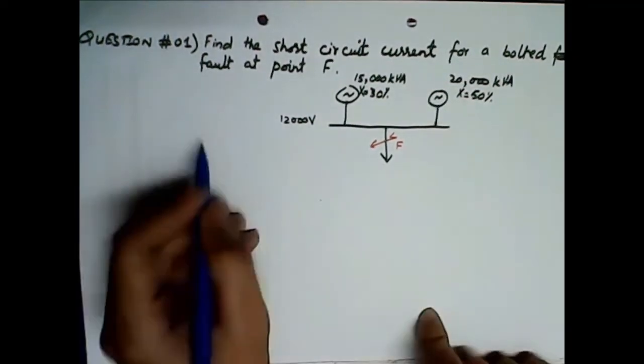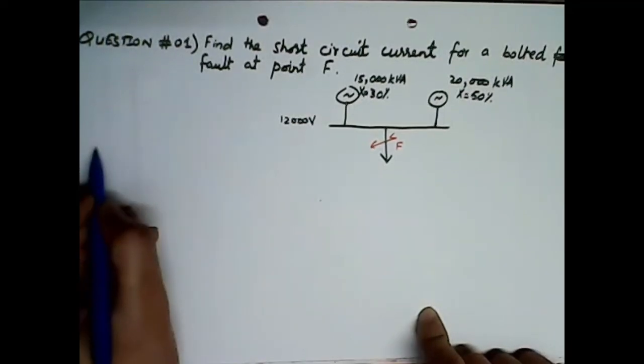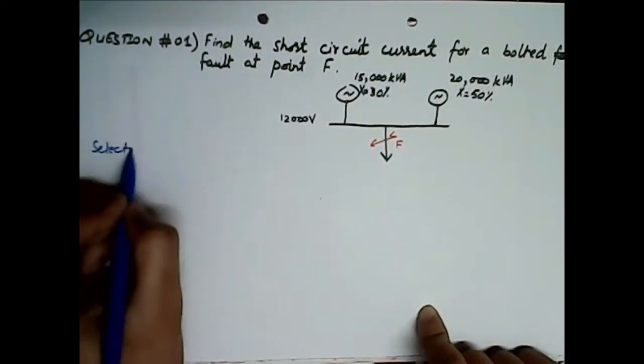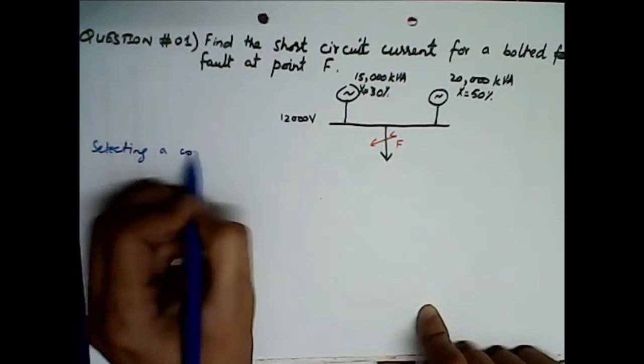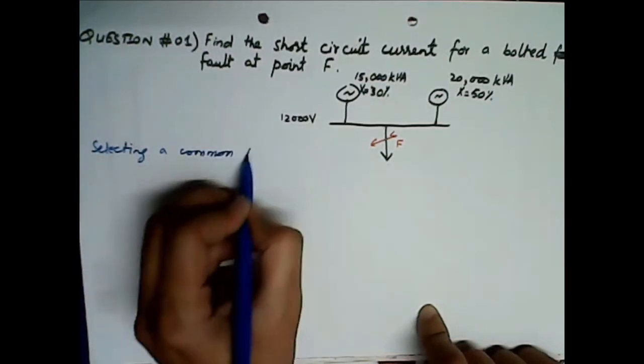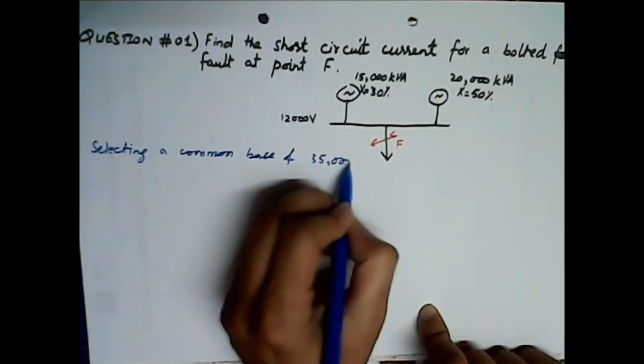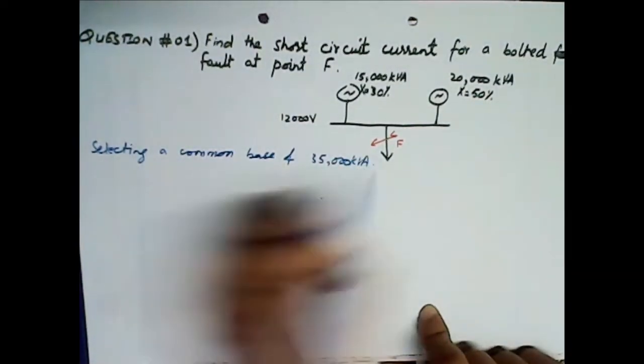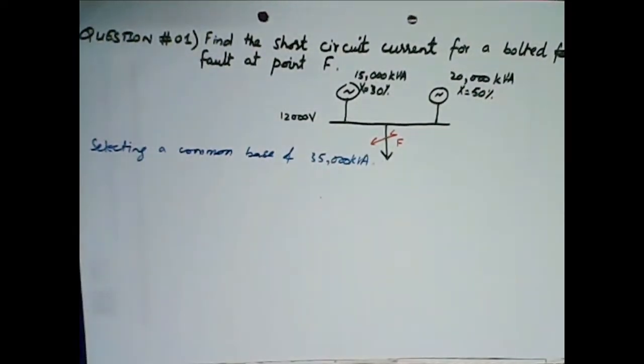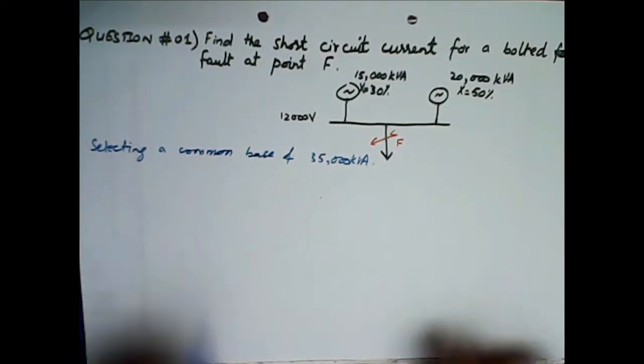So let's say I am selecting a common base of 35,000 kVA. This is up to you. You can select any common base. There is no restriction in this, right?